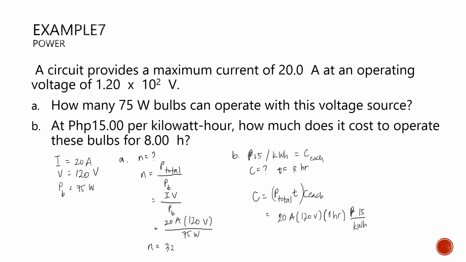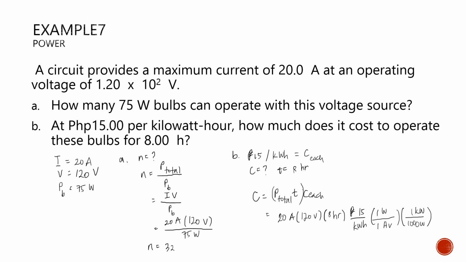So this is still in watts, by the way, for ampere volt. So let's put the conversion here. 1 watt is 1 ampere volt, and for kilowatts, that's 1,000 watts in 1 kilowatt.